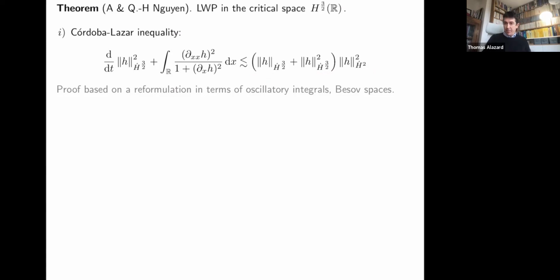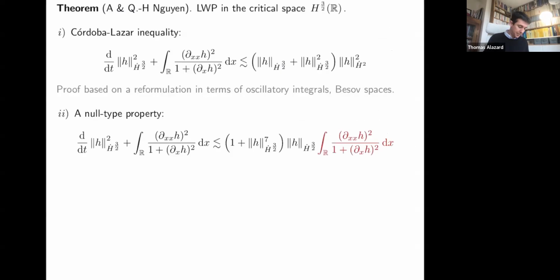The inequality is very simple to state, but the proof is very complicated. And in fact, their proof is based on a reformulation in terms of oscillatory integrals and the systematic use of Besov space techniques.